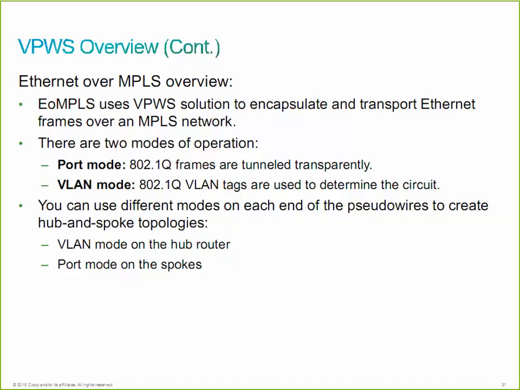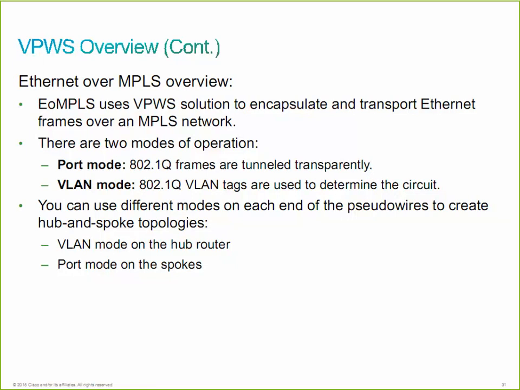This is completely analogous to the concept of virtual circuits in frame relay or ATM, which means I can redirect traffic to different locations based on the VLAN tag to identify the circuit. So in this particular case, it's not transparent, right? The customer-defined VLANs are not transparently carried across the circuit.